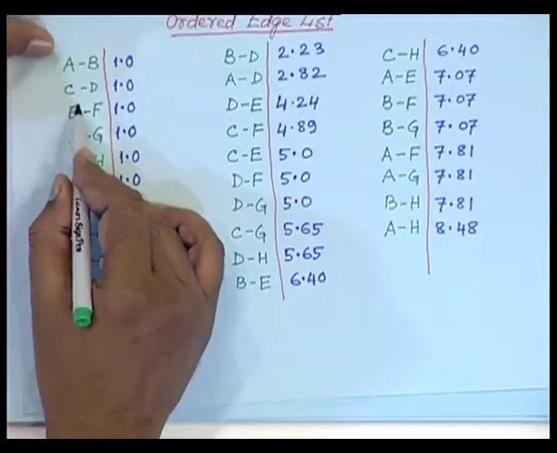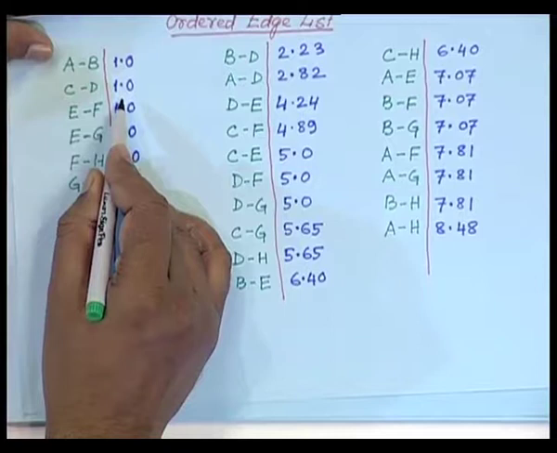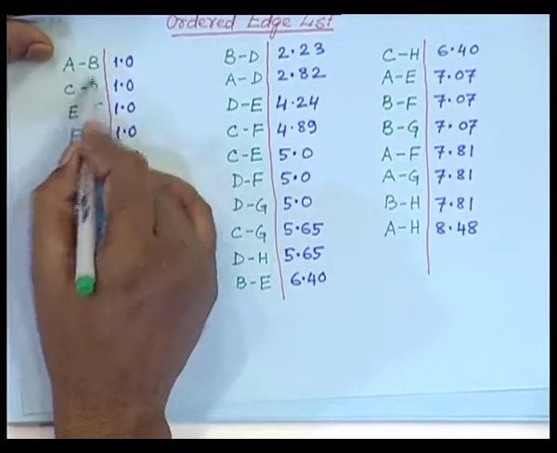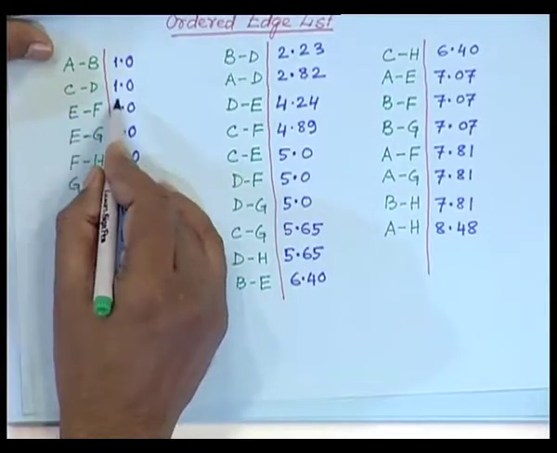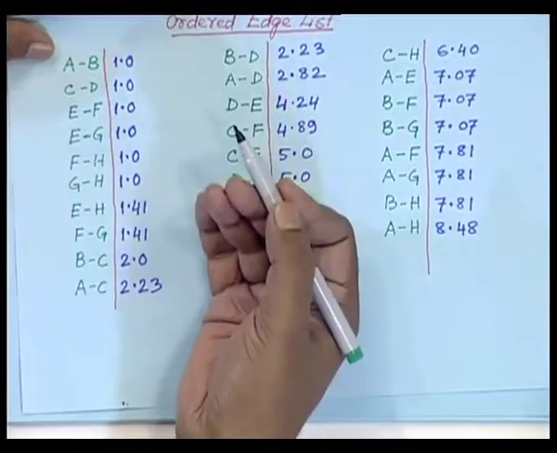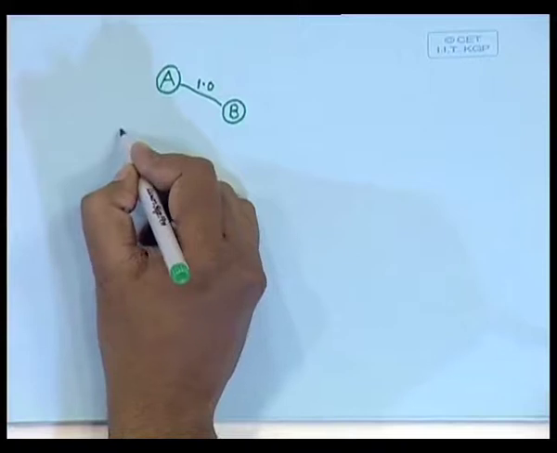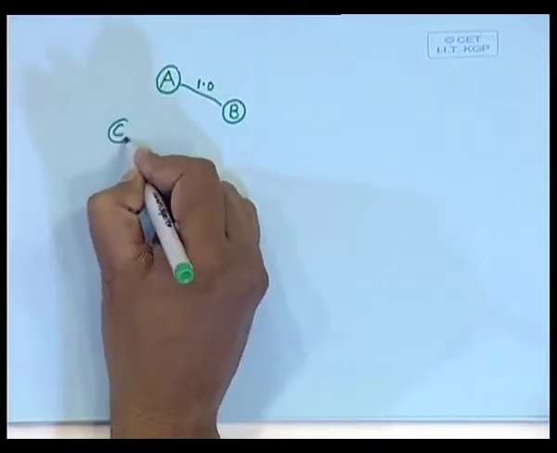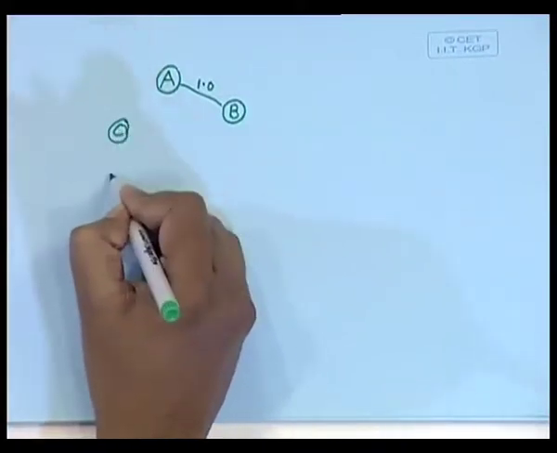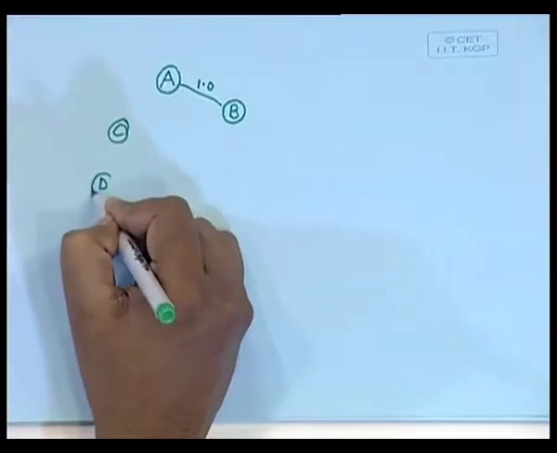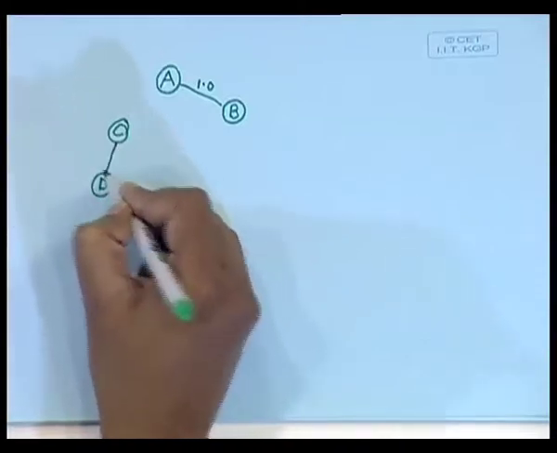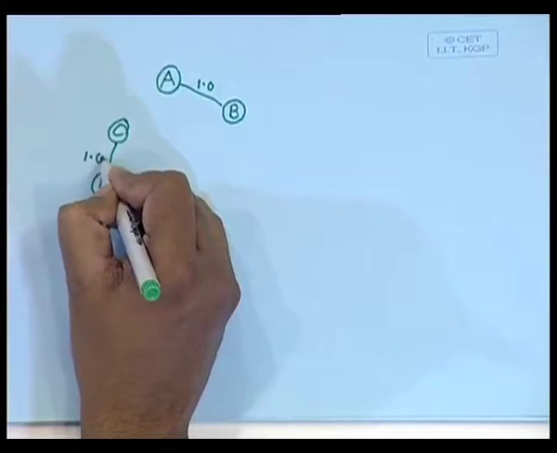The next edge is C D. You find that you do not have any common vertex. So, C D will form another tree, whose weight is also 1.0. Let me take C D somewhere over here. Its weight is also 1.0.